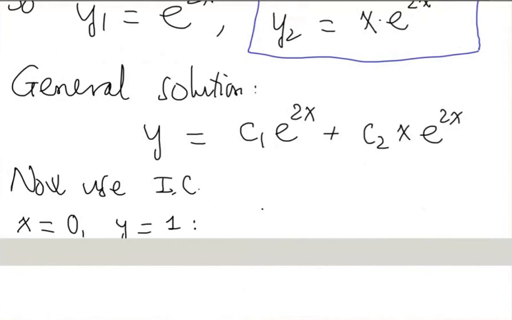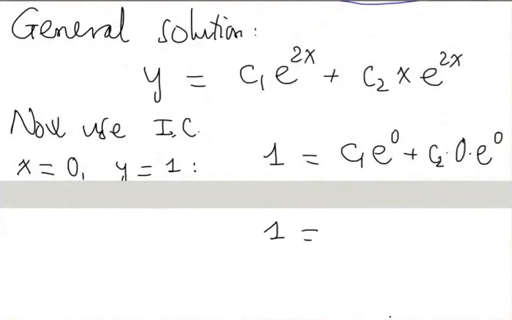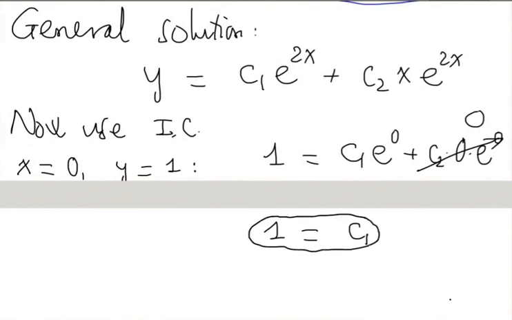We plug this value in. We have y equal to 1 equal to c1 e to the 0 plus c2 times 0 times e to the 0. Simplify this. We get 1 equal to c1 times 1, plus c2 times 0. This is 0. So easily we get the value for c1.